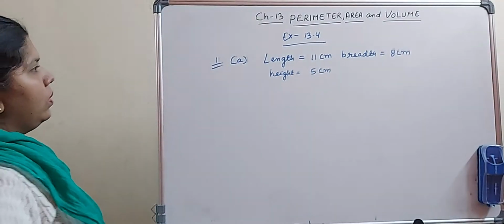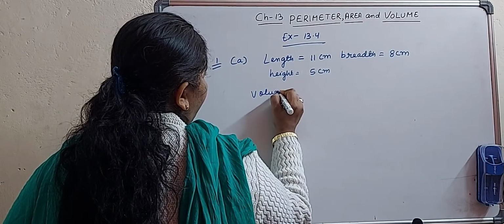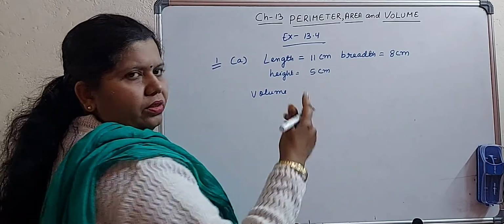So we know that the volume of the cuboid, because length, breadth and height, three things are different.